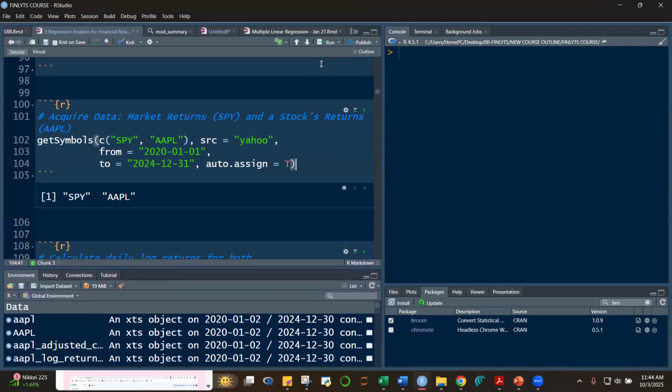Kindly confirm, class, if you have the objects already, please chat. You'll need to download it anyway because the exercises will be based on the SPY and Apple.